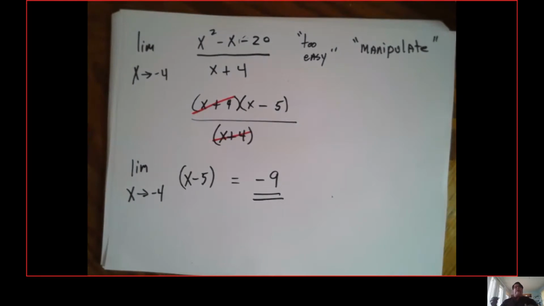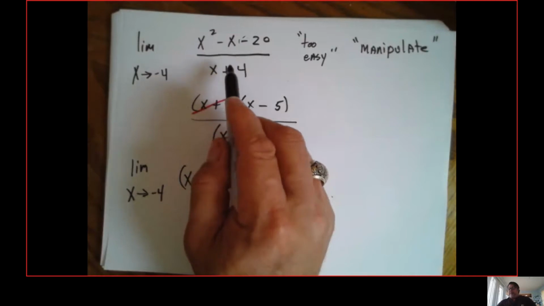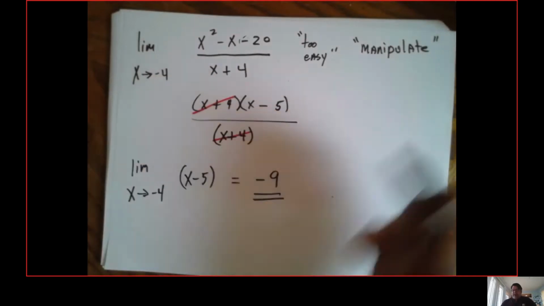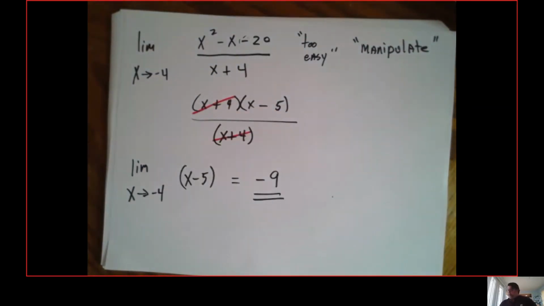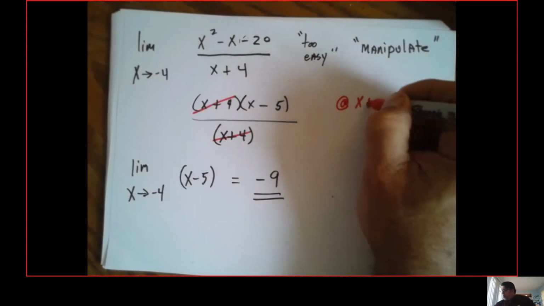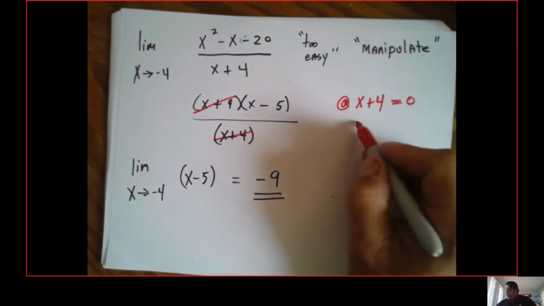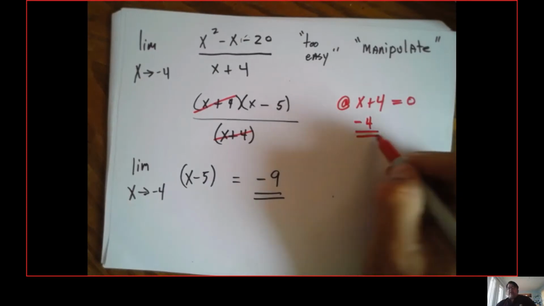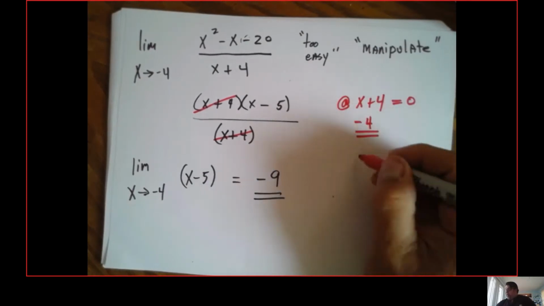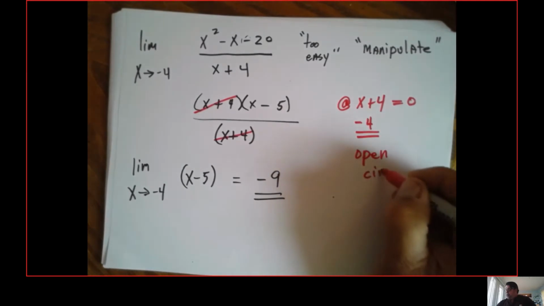Now, I will also tell you this. At x plus 4 on the graph, and you need to write this down in red, at x plus 4 equals 0, you're going to get -4. And at -4 on the graph, you will have an open circle.